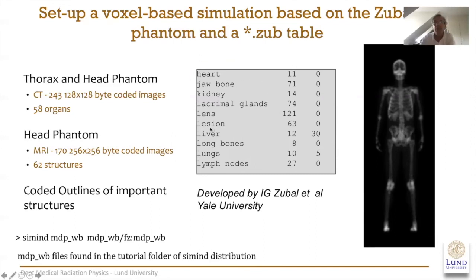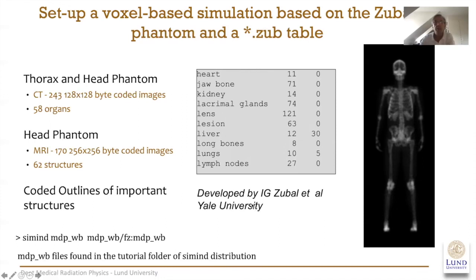So in this table example, the liver has all the voxels that belong to the liver with a code of 12, and you can assign an activity value of, for example, 30, some kind of relative value of the activity concentration. There is also a head phantom available, which is created by MRI, and there are 62 structures in it. This has been developed by the group at Yale University in the United States, by George Zubal.